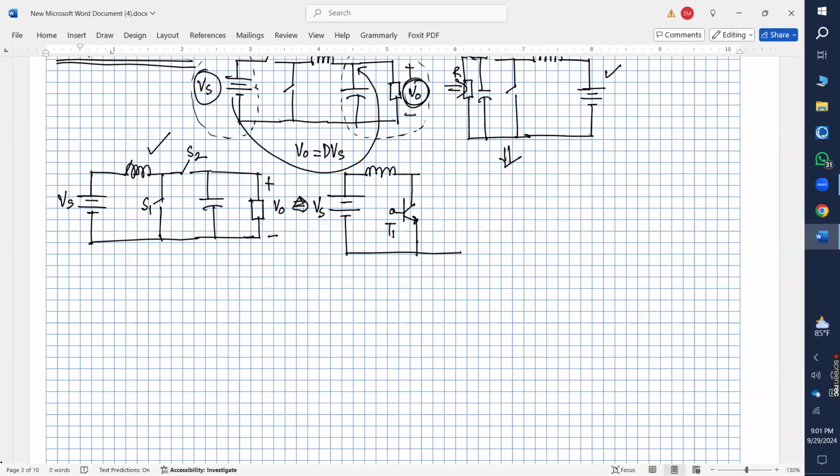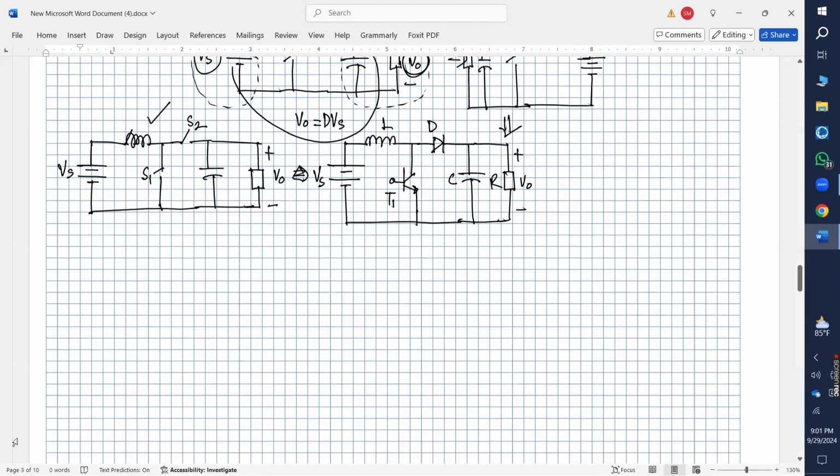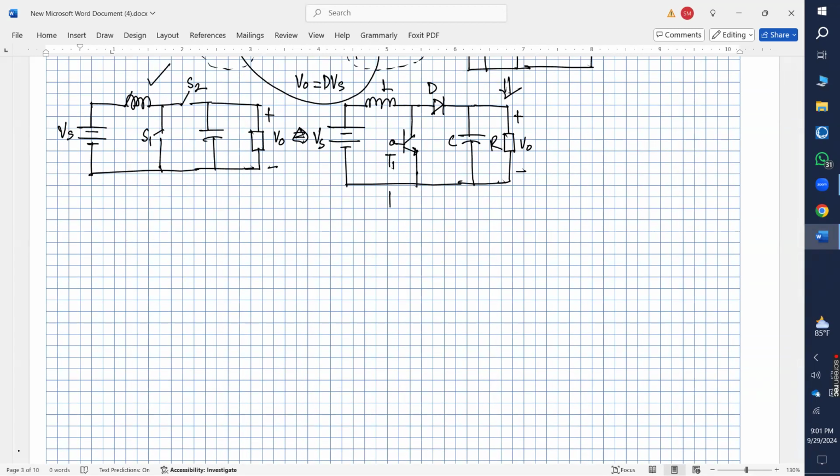And then instead of this switch S2, we are considering a diode here. And then it is connected to a capacitor, and then it is connected to a load, plus minus V naught. This is my C, this is my L, this is D, and this is my R, since we are considering a DC load. So this circuit will operate like a boost converter.